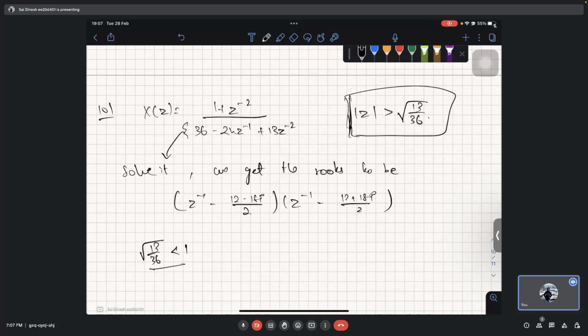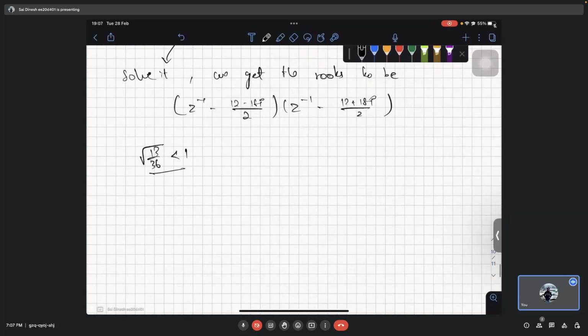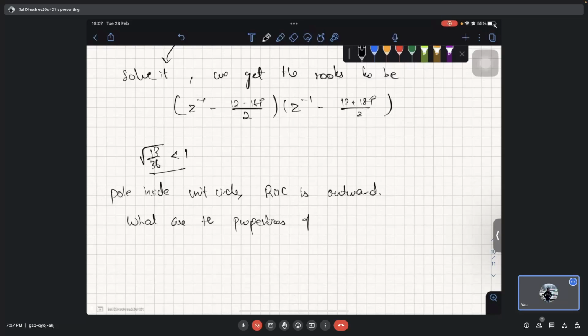So we know that there is a pole inside the unit circle, and then the ROC is outward from that pole. What are the properties of the signal? That is the question.